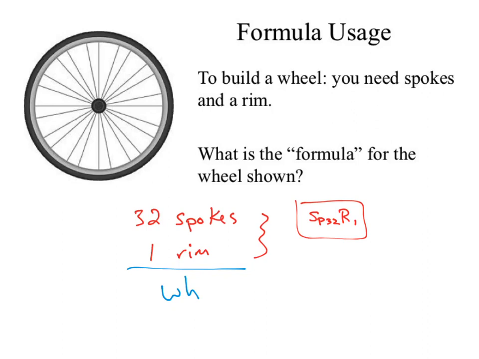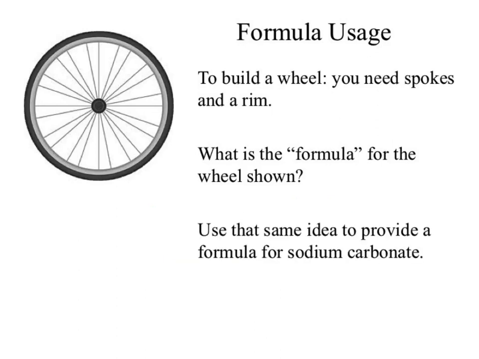Okay? The meaning behind all of that goes back into how we would build those things out. Kind of, sort of? Okay. So how do we use that for a chemical formula, like sodium carbonate? Well, what is the formula for sodium carbonate? So what is sodium? Na.